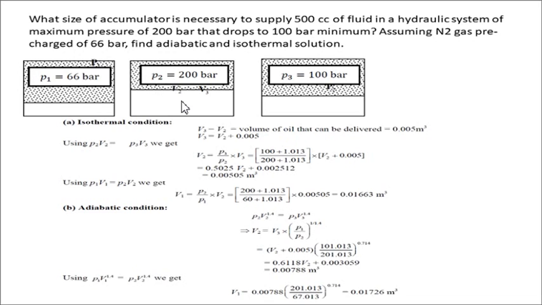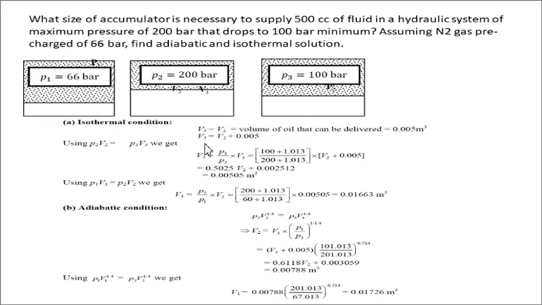In order to find V2, you must establish a relation between P2 V2 and P3 V3. These three diagrams represent the three states of the accumulator. When we consider isothermal conditions, then P2 V2 is equal to P3 V3, whereas what is given is that it is necessary to supply 500 centimeter cube of fluid during the process.